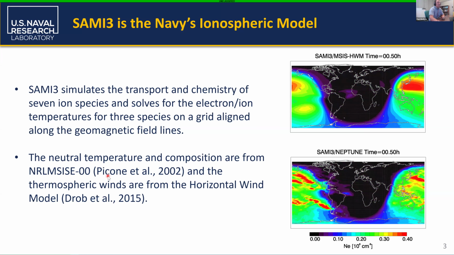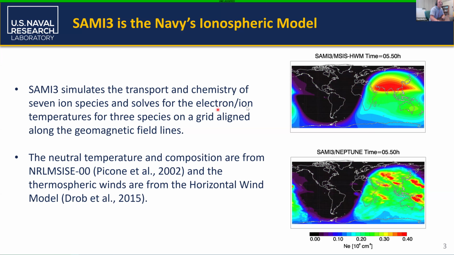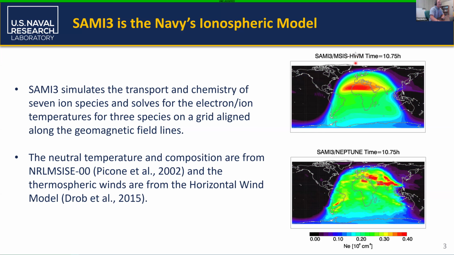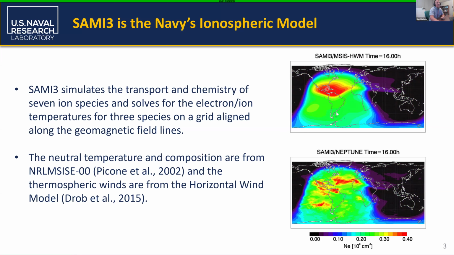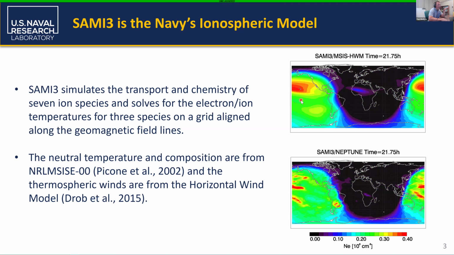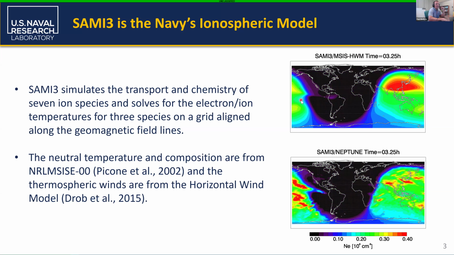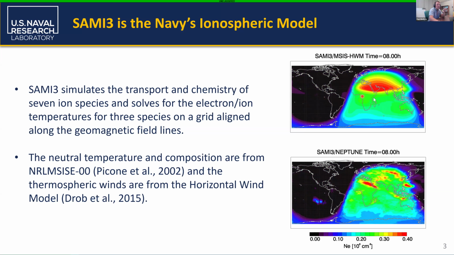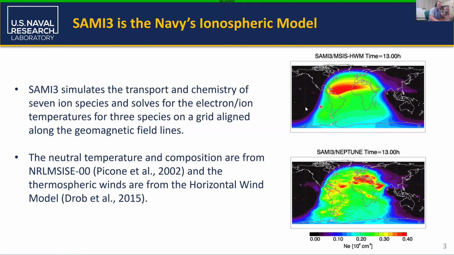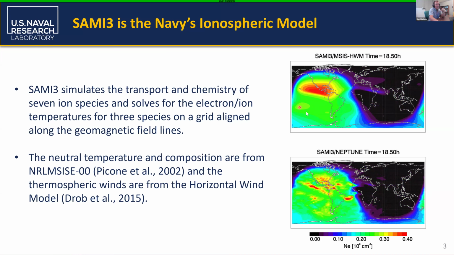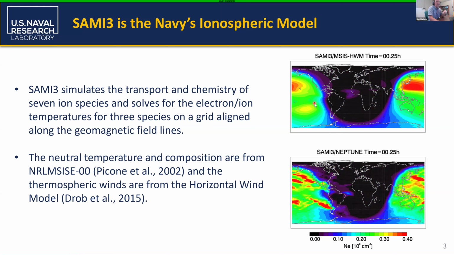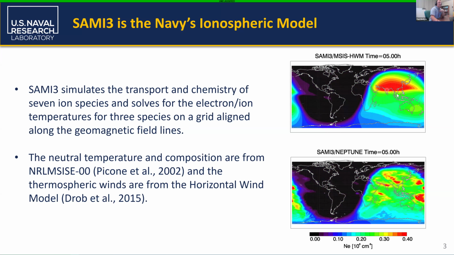And an example simulation of the SAMI-3 ionosphere forced by this statistical thermosphere is here. This is the 200-kilometer altitude level, and it's the electron density field.